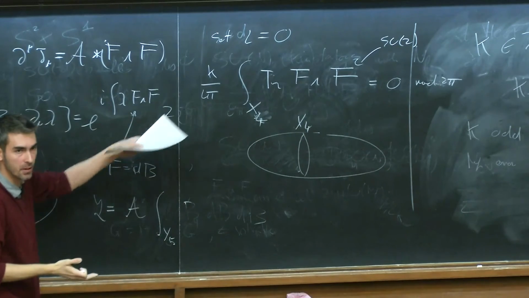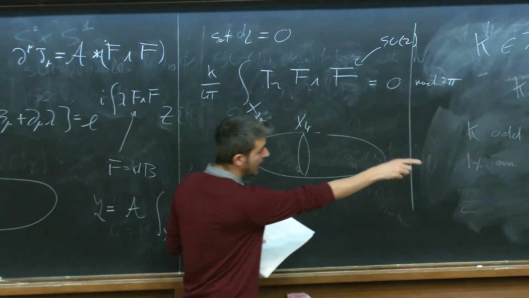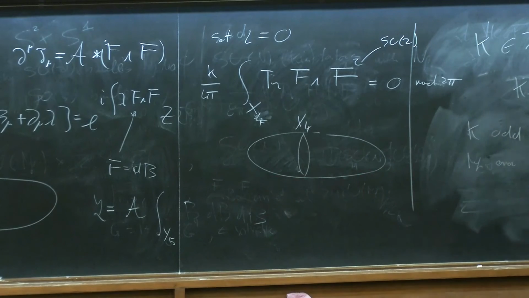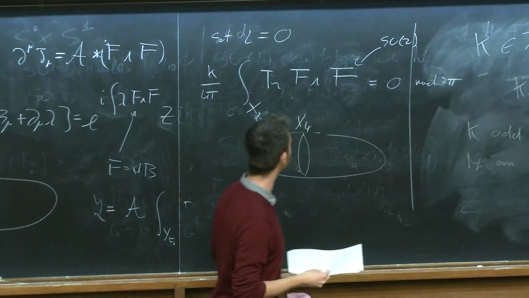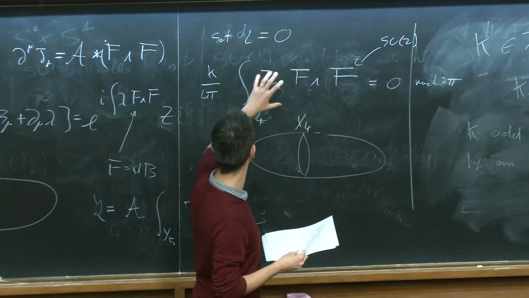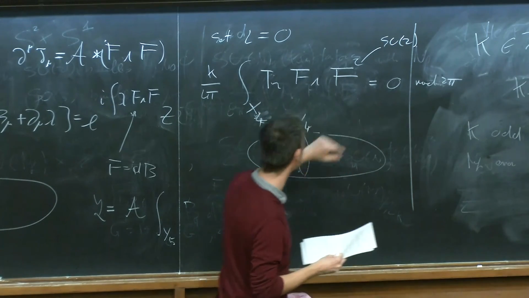Right? This is the Chern-Simons functional for SU(2). But the point is now we are turning on more general bundles, and when the bundles are in that object here, this is no longer an integer. It is no longer 0 mod 2 pi.